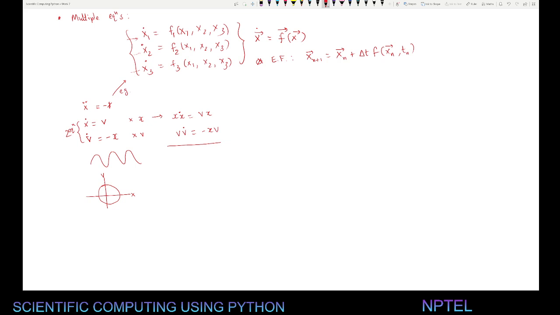Then add them up, you get x x dot plus v v dot is equal to 0, which means the derivative of x square plus v square divided by 2 is equal to 0, which means x square plus v square is some constant, which is an equation of a circle.